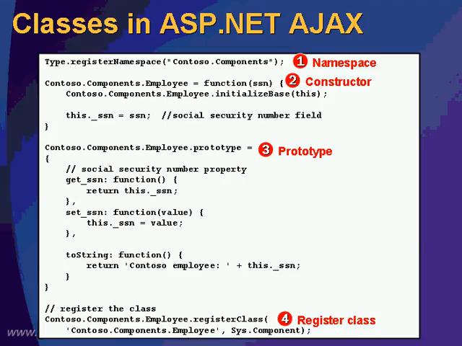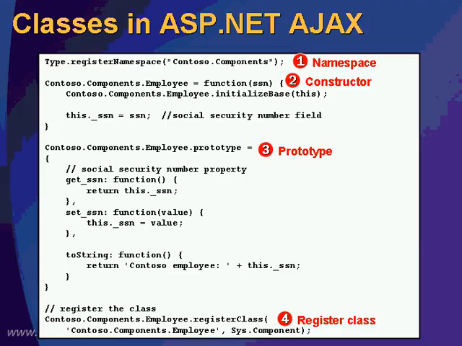So let's see what it looks like here in code. The first thing here we've got is, if you remember from earlier, Type.registerNamespace. So we're creating a namespace, Contoso.Components. Here's our constructor, Contoso.Components.Employee equals function(ssn). So in this case, we want to pass in an SSN. Here's our call to initializeBase.